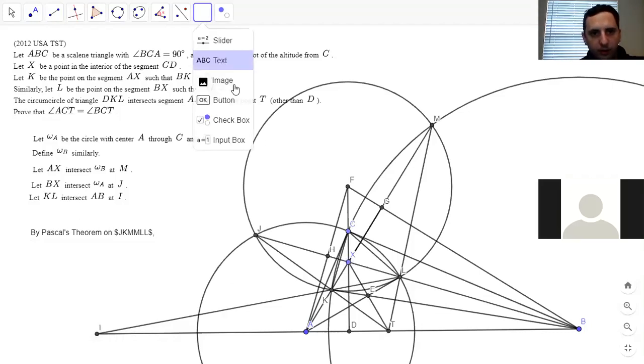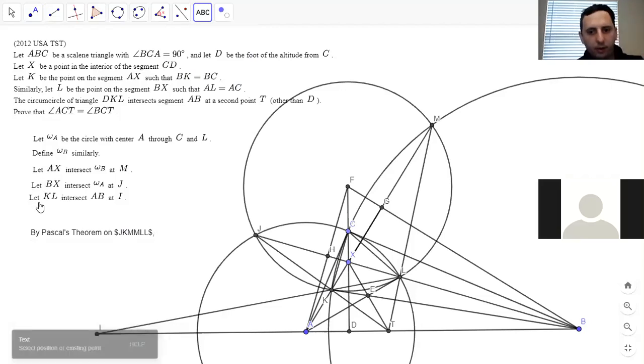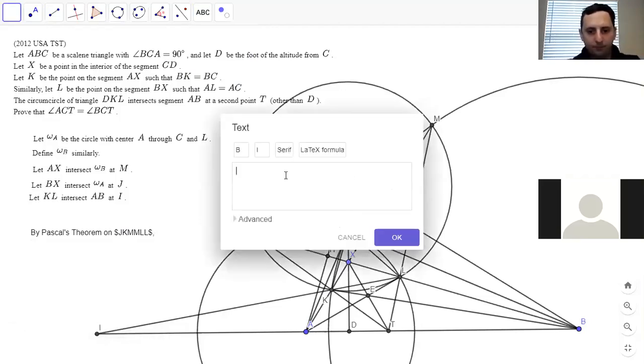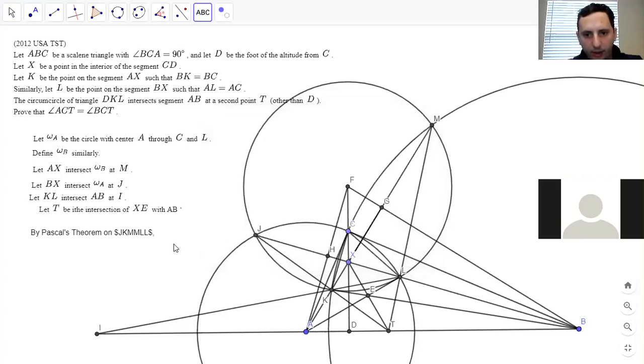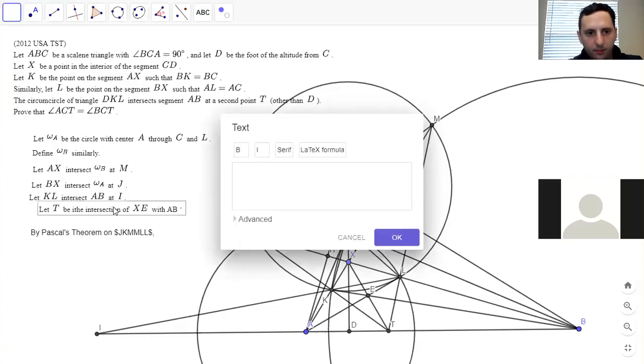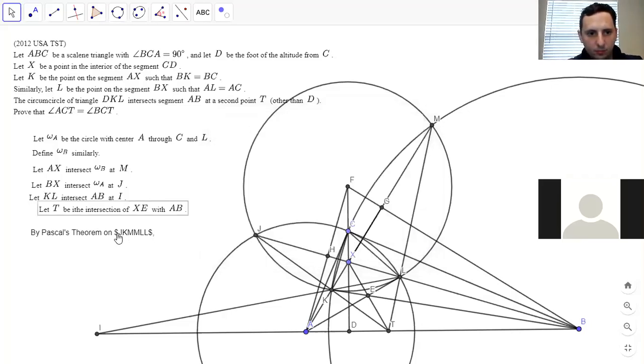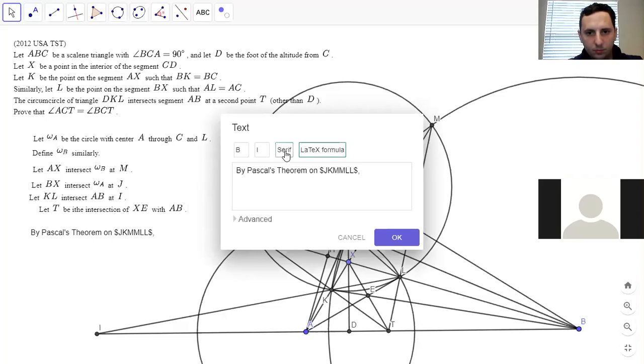So let T be the intersection of XE with AB, and by Pascal's theorem, JK and ML pass through T. Pascal and the polar thing.